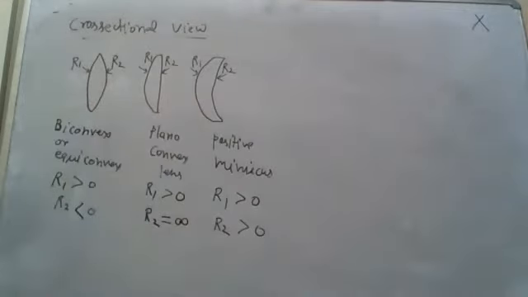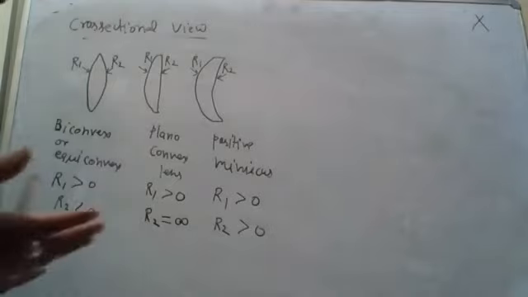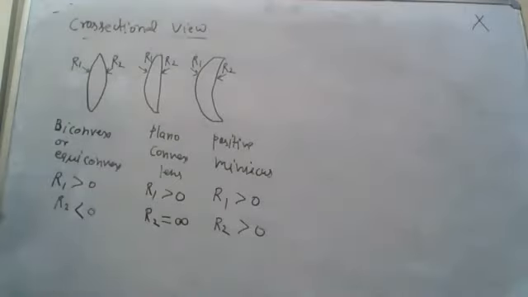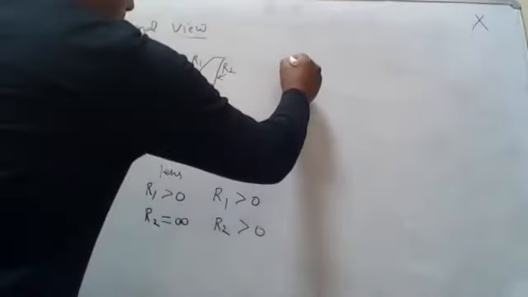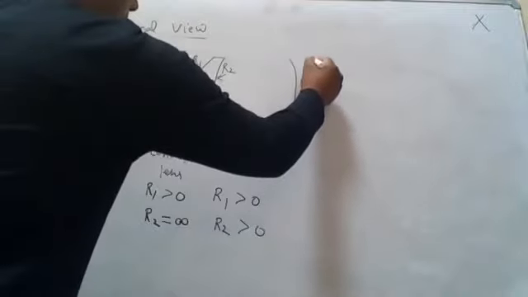Similarly, one can make another types of lenses which are made of concave spherical surfaces. The first concave spherical surface you can make like this.